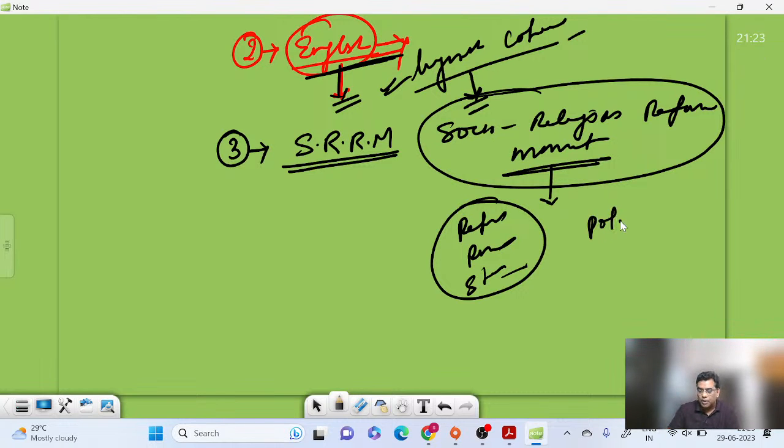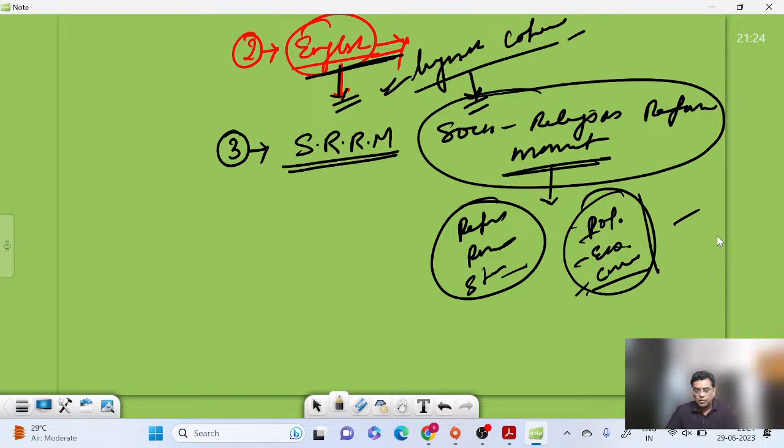One is called political nationalism, one is economic nationalism, and the other was cultural nationalism, and of course the rise of the various fundamental ideas which is collectively called nationalism. So, the socio-religious reform movement.